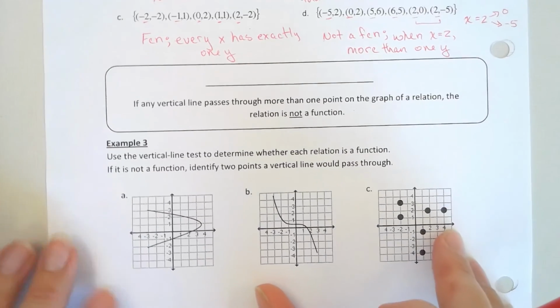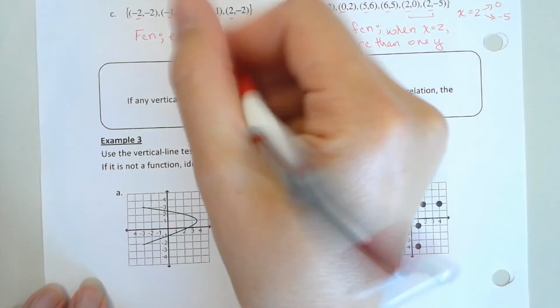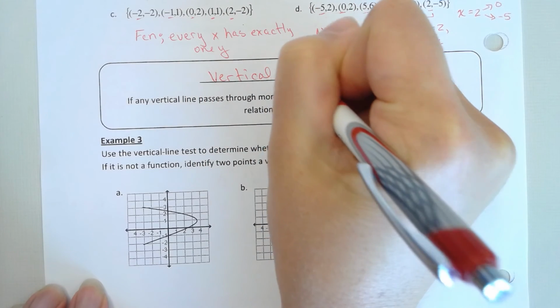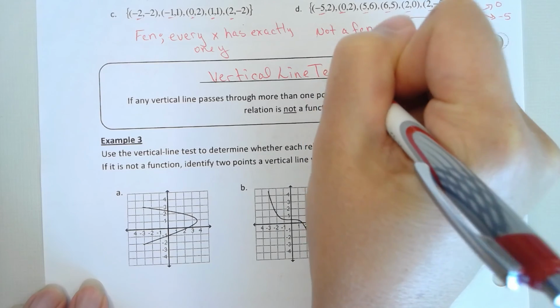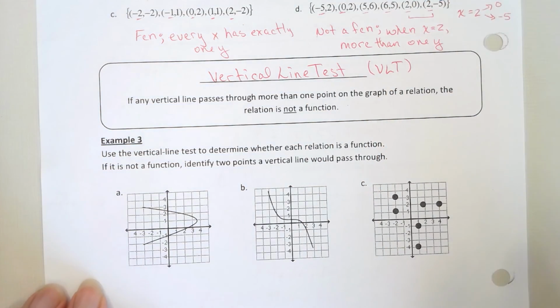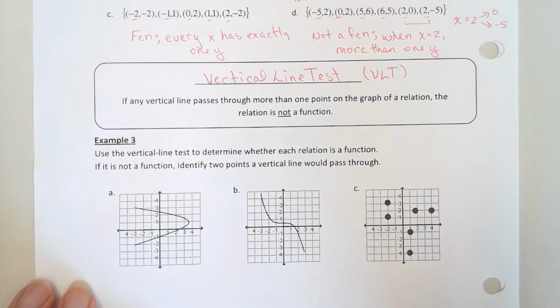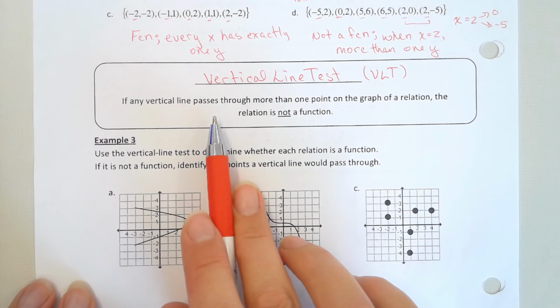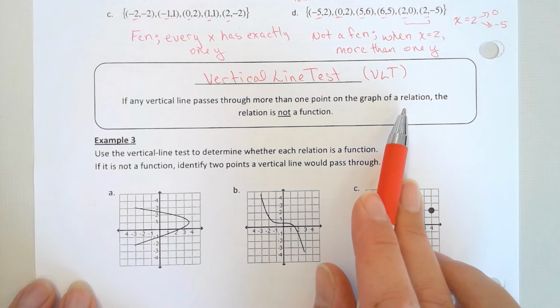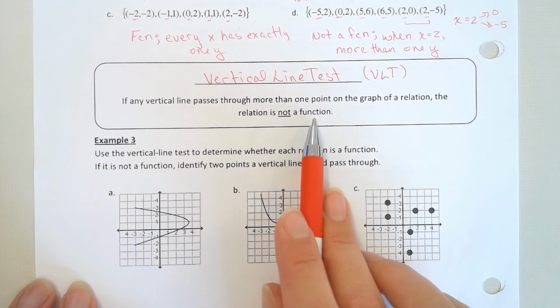But there is a nice trick to talking about a graph. It's called the vertical line test, and we can abbreviate that as the VLT as long as you remember what those terms stand for. So the rule is if any vertical line passes through more than one point on the graph of a relation, then the relation is not a function.